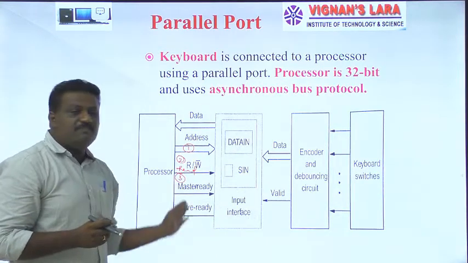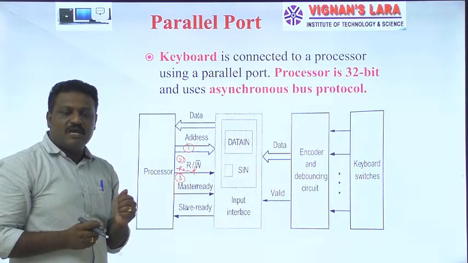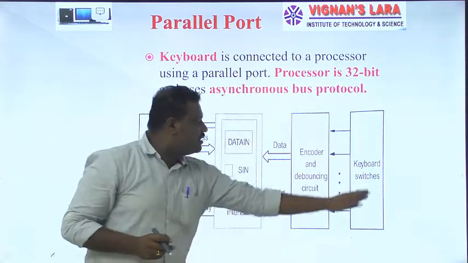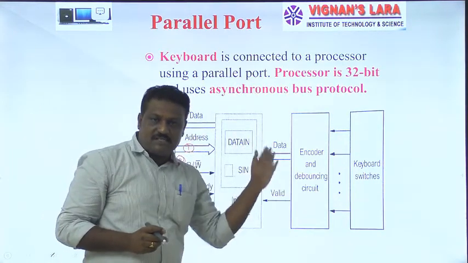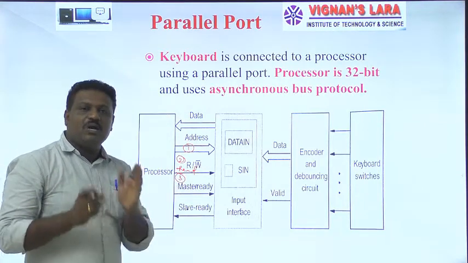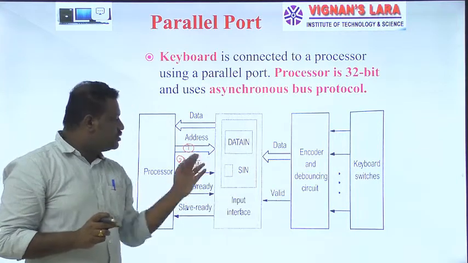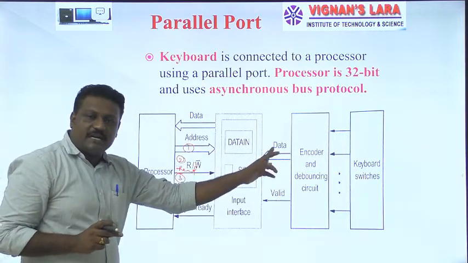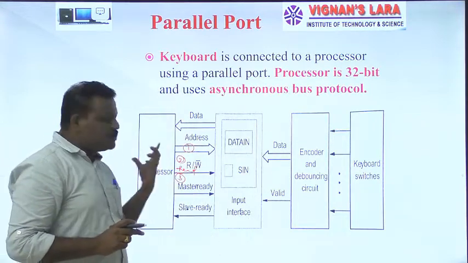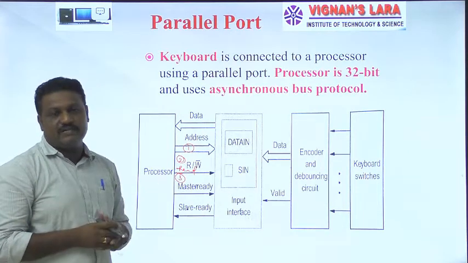Then my input interface receives an address from the address bus and decodes it. It identifies that the address belongs to the connected device, and later it receives the control signal to identify which operation our processor wants from the selected device. So the input interface identifies that the generated address belongs to the keyboard, and your processor wants some information from that keyboard. That's why it will generate a read signal.